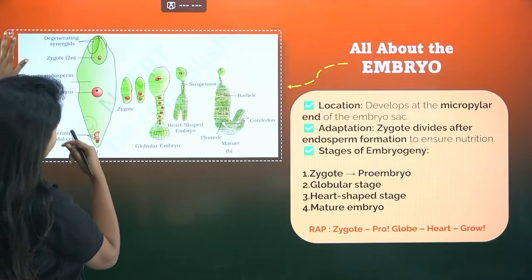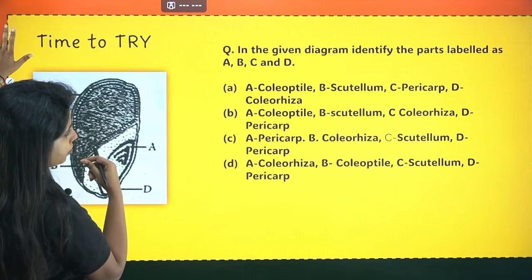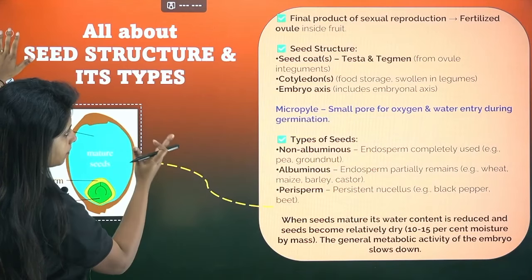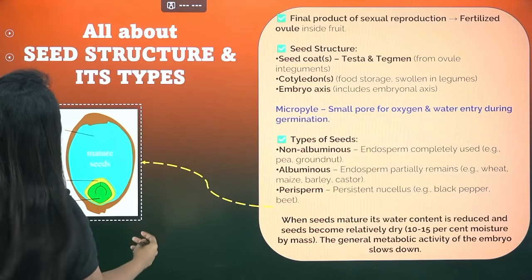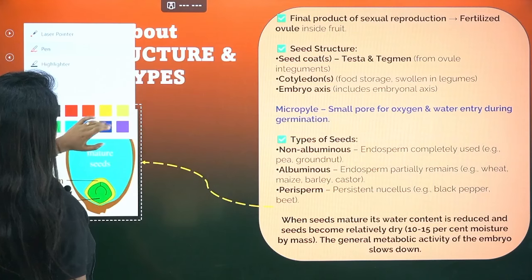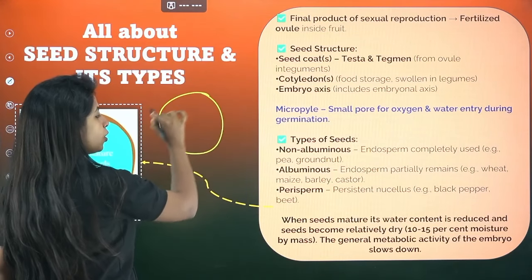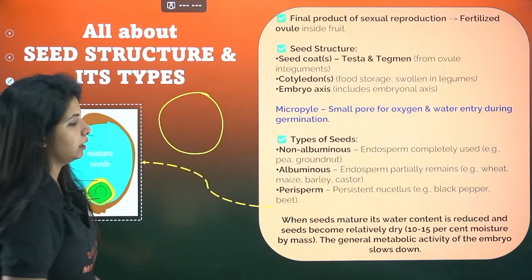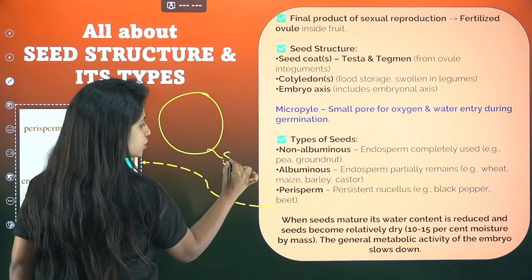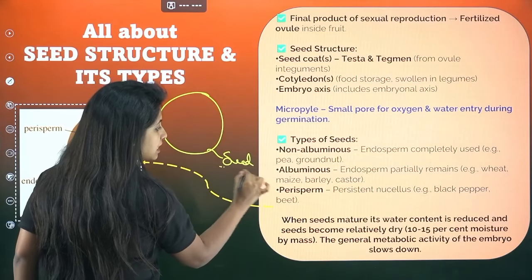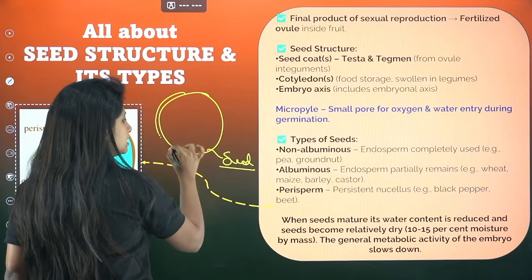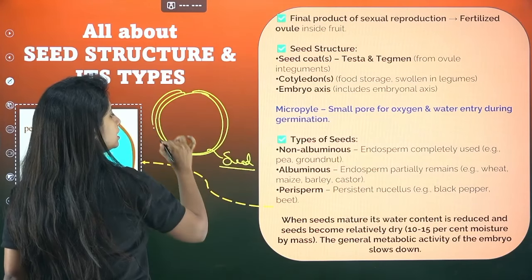That is the embryo. So before I go into that, this is what we were discussing right now. When I say that the ovule is transformed and a lot of things are happening in this particular condition, you need to know that the ovule is transformed into a seed. And the seed, my dear children, will have a seed coat around it.